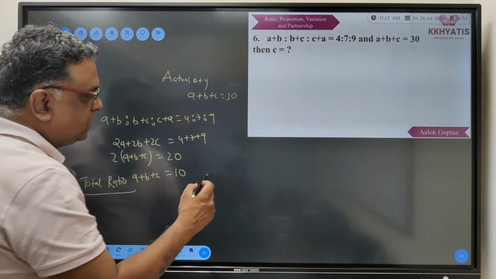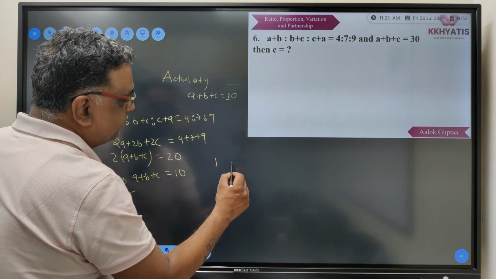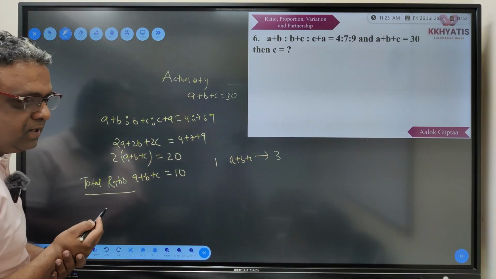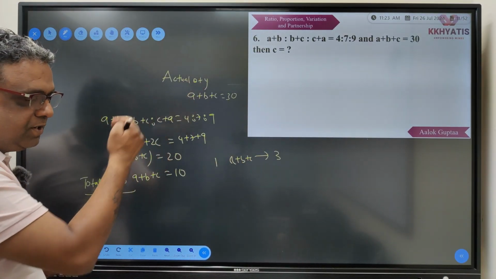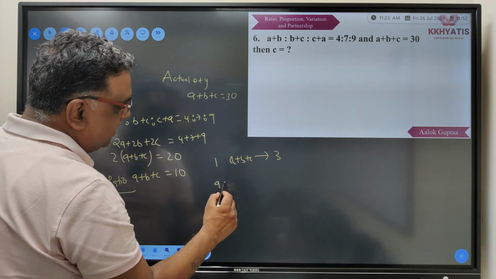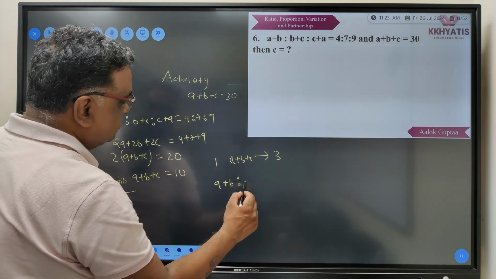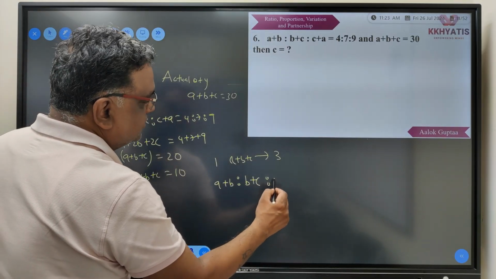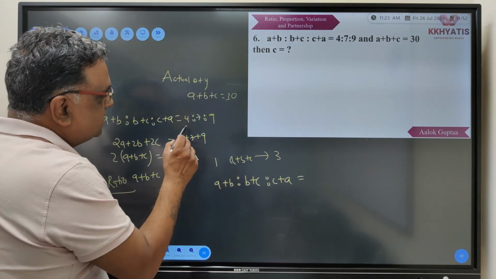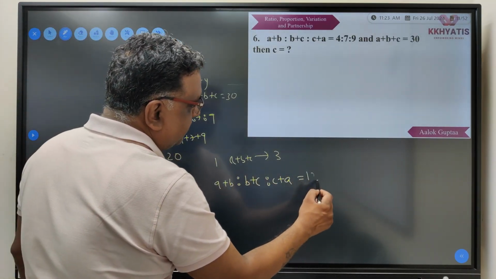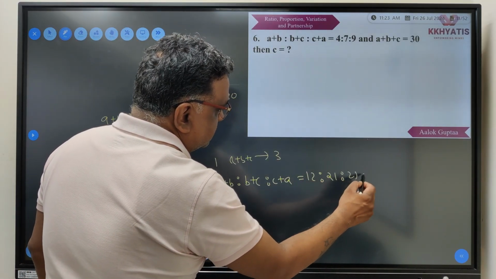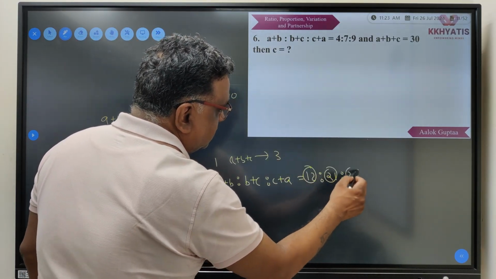Which means actually one ratio of A plus B plus C will represent 3 if I compare ratio and quantity, which means I can write this A plus B is to B plus C is to C plus A in terms of quantities as 4 into 3, 12 is to 21 is to 27. So now these are the actual quantities which I actually got.